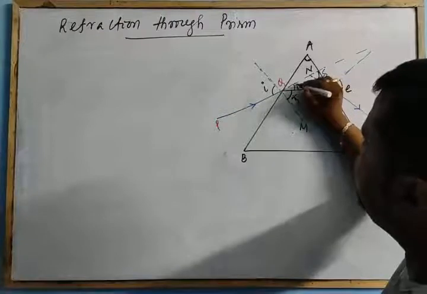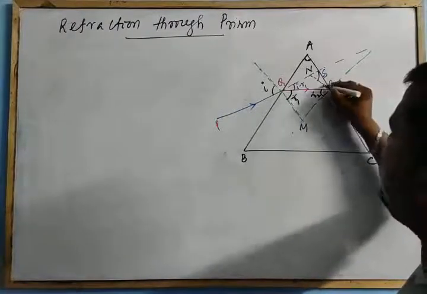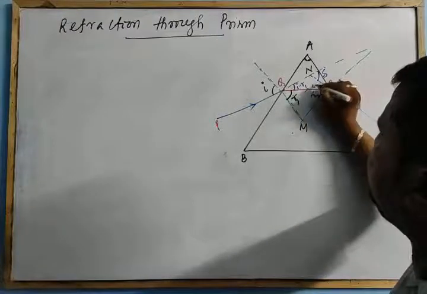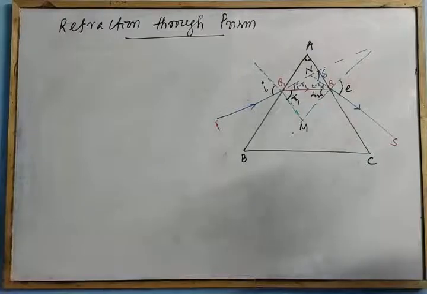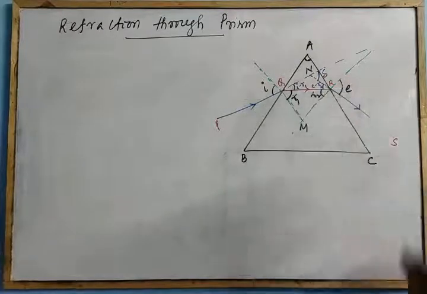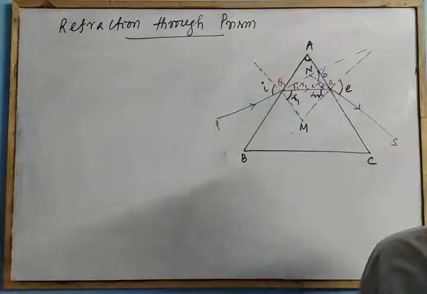So this must be I minus R1. And what about this one? This must be E minus R2. Clear?